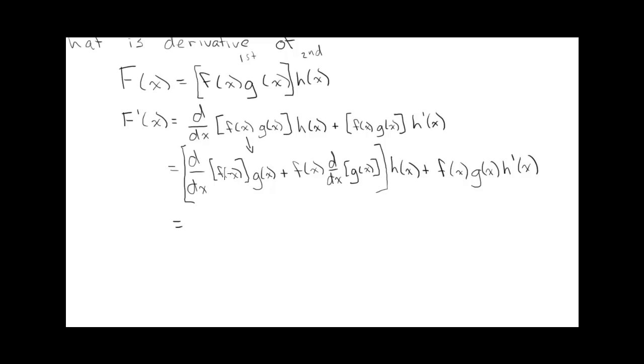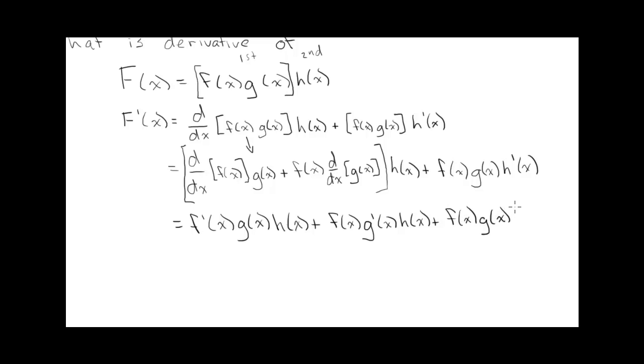So d by dx of f at x would be f prime at x g at x, and then we multiply that by the h at x over here. We'll expand into the bracket, plus f at x times the derivative of g of x, so that would be g prime at x h at x, plus f at x g at x h prime at x.